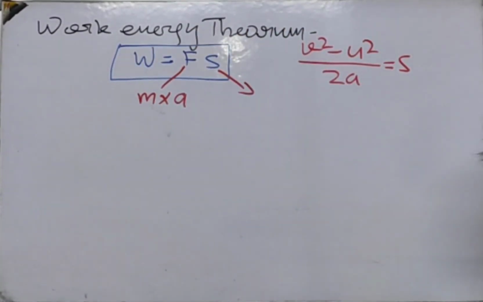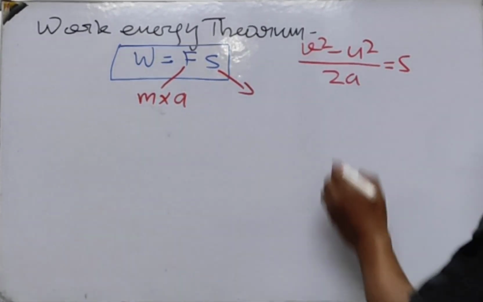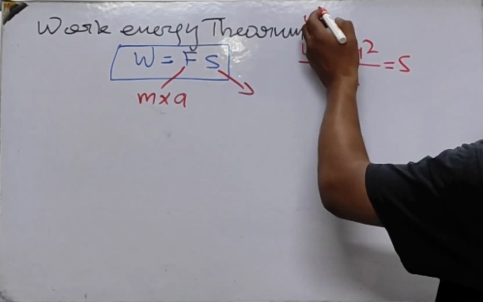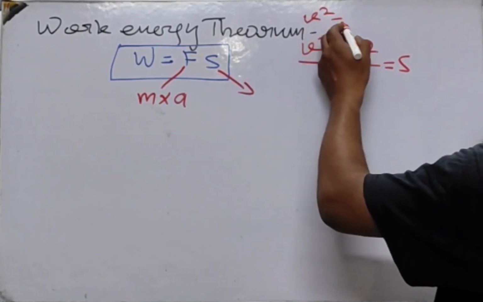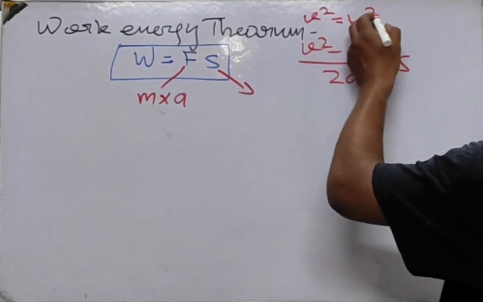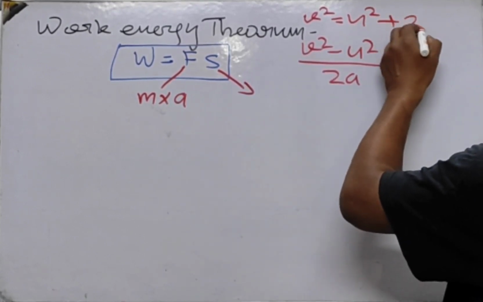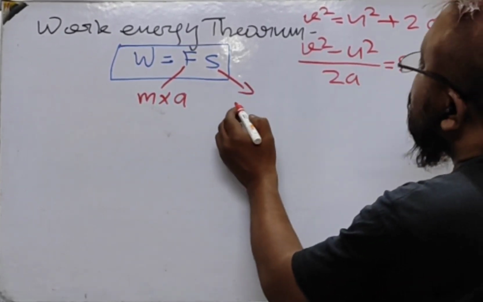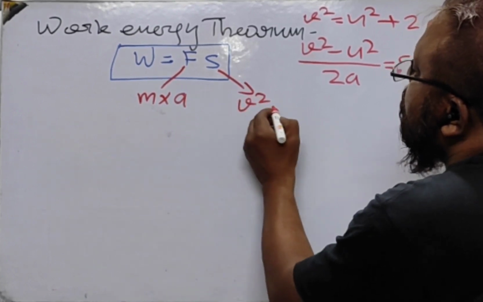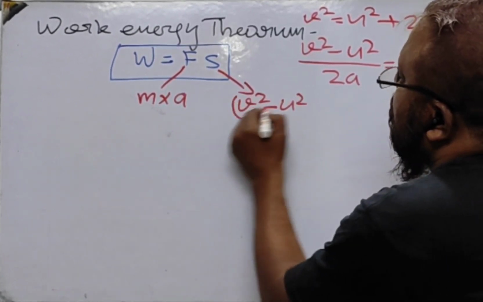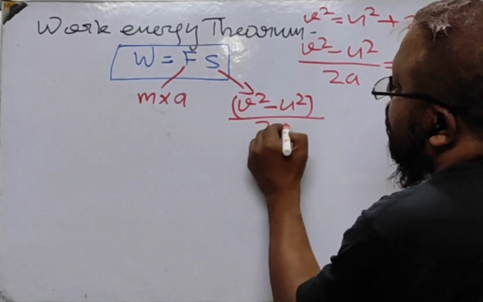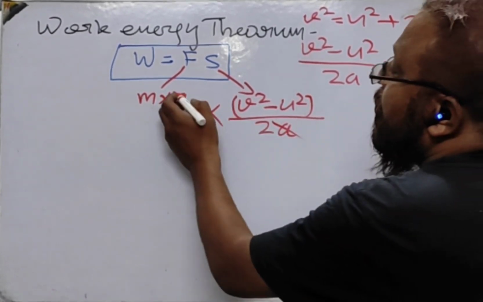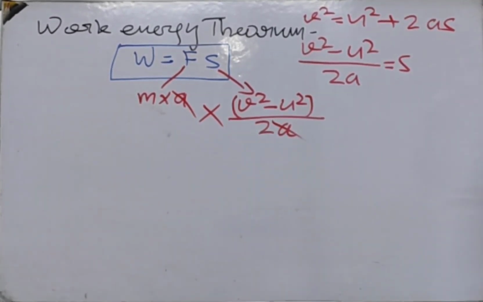Getting my point? From where do I get this? From the third equation of motion, v square is equal to u square plus 2aS. We arrange this in this format, so now we can write v square minus u square upon 2a. When you multiply, the a and a are gone.